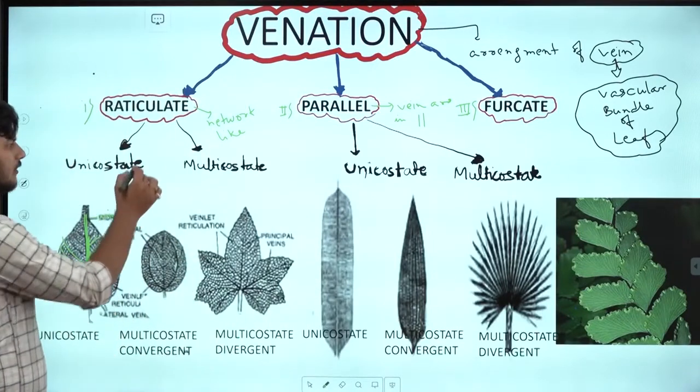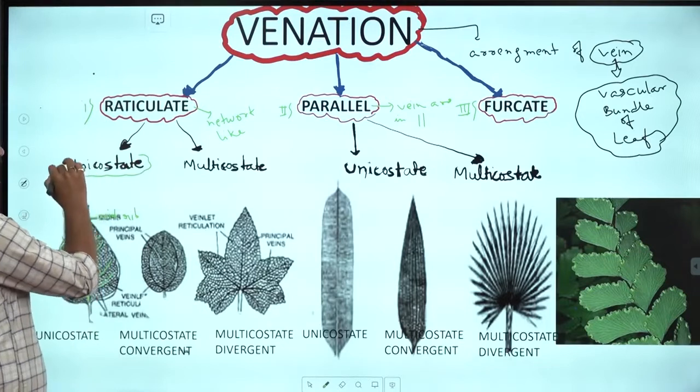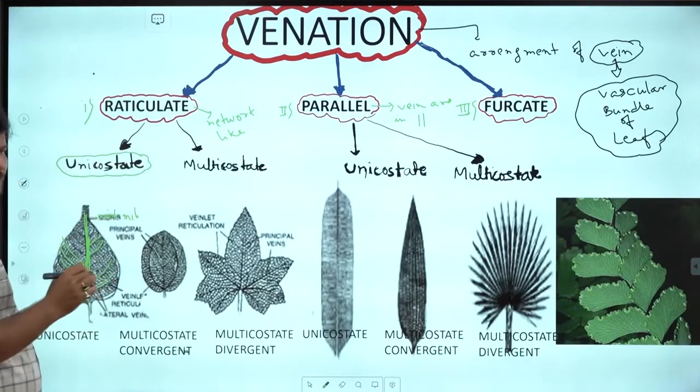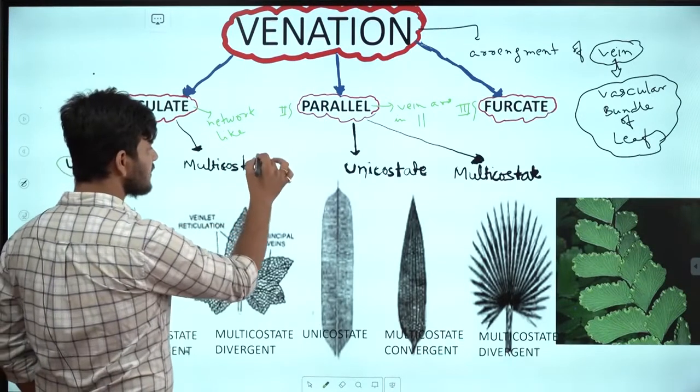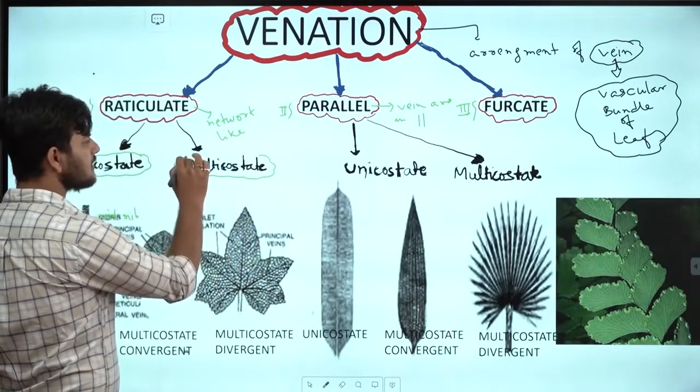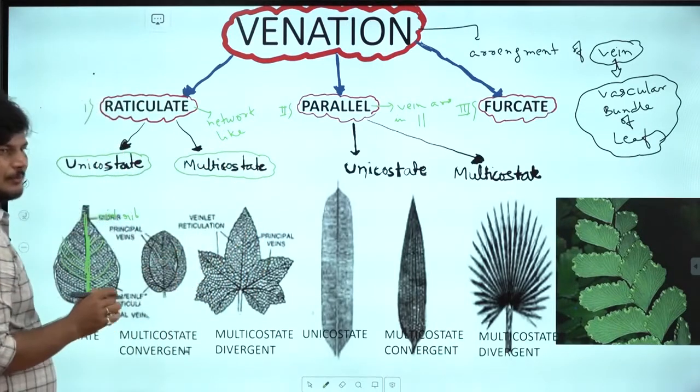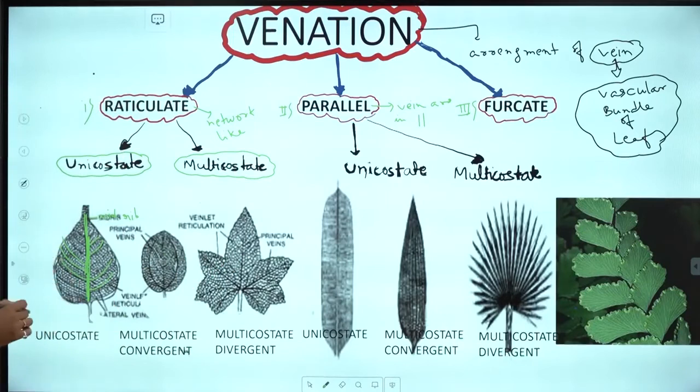If we discuss reticulate, you would find that it is also divided into two groups. The first one is unicostate and the second is called multicostate, where costa means a unit.